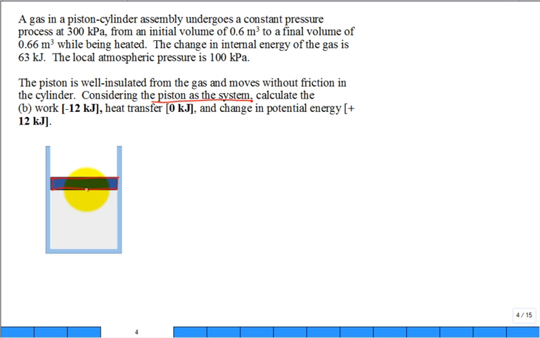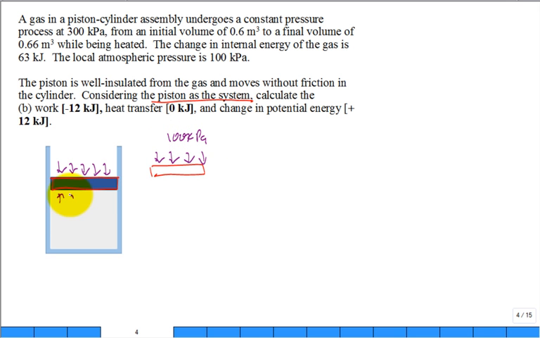There's my system. It moved. I'm not redrawing the whole box, but there's the system now. When it was moving, tell me a little bit about the pressure beating down on the top. Did the pressure beating down on the top change? What was the pressure always up there? 100 kilopascal.